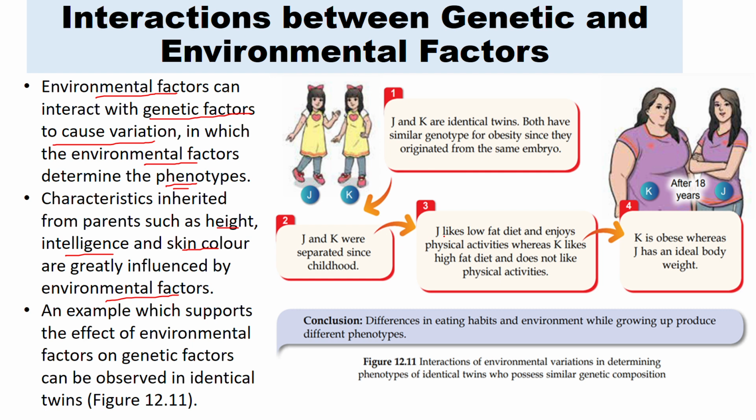J likes a low-fat diet, and she also enjoys doing physical activities. But K likes a high-fat diet and does not enjoy physical activities. Therefore, K is obese, but J has an ideal body weight.